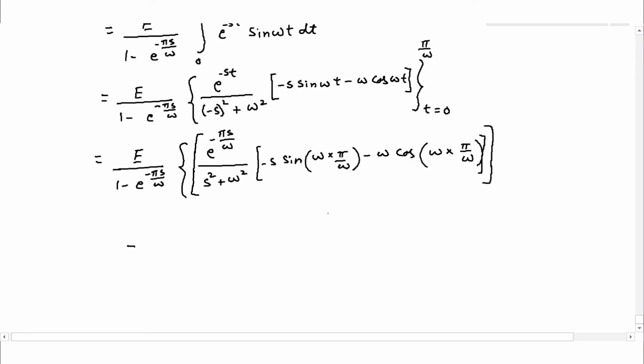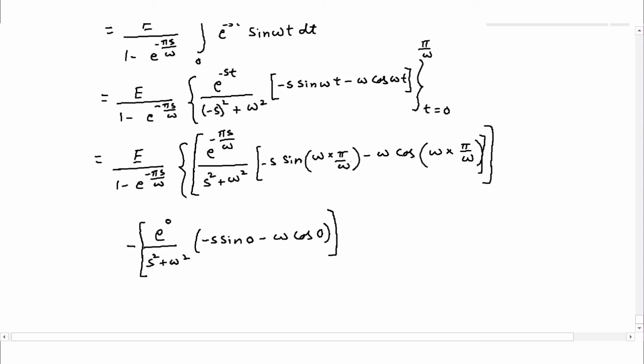So this whole is the upper limit value minus the lower limit value, which is e power of t value 0, divided by s square plus omega square, into minus s times sine of t value 0, where 0 into omega will be 0, minus omega into cos of t value 0, where 0 into omega will be 0. So this is your lower limit value.